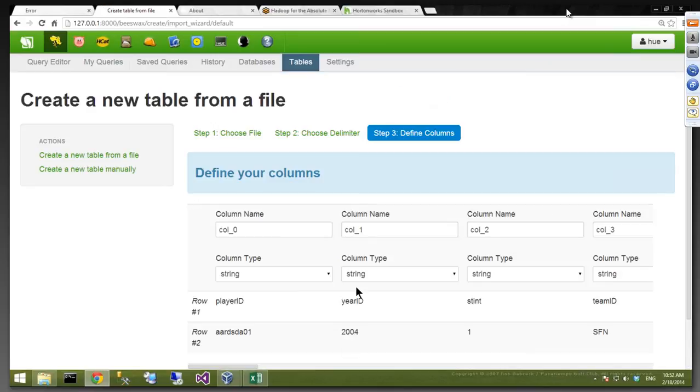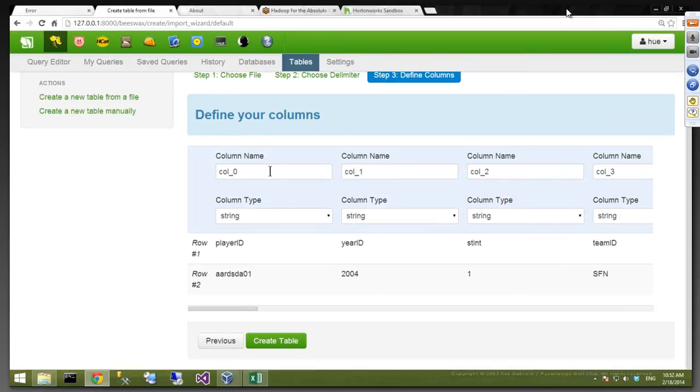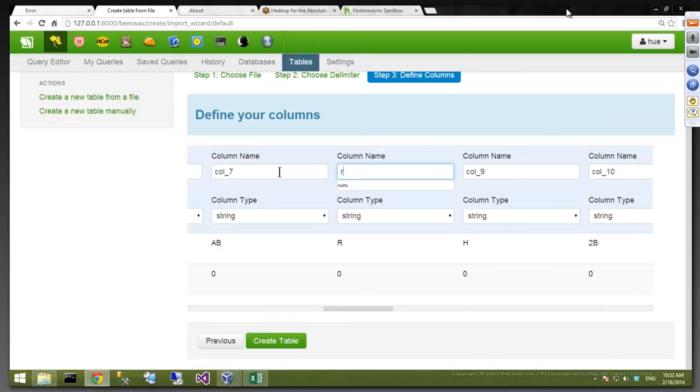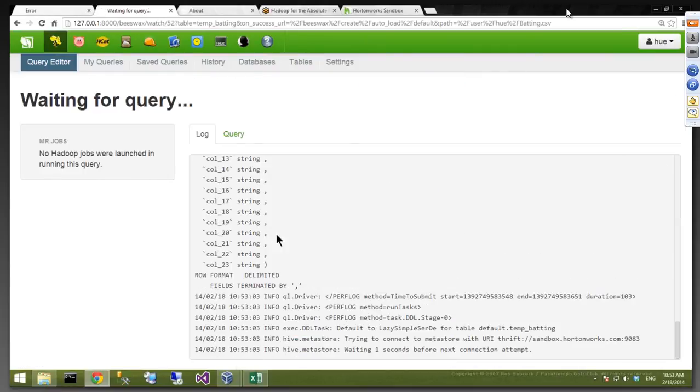Okay, so I can change my column names. Like this one could be player ID, and then this one can be year ID. And then over here, we want the R to be runs. That column 8. Same thing that I did before, right? Create the table.